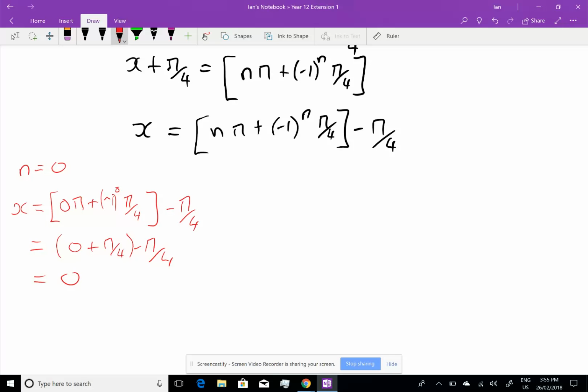So my first answer to sine x plus cos x equaling 1 is 0, and that makes sense. You have a look at the curve.